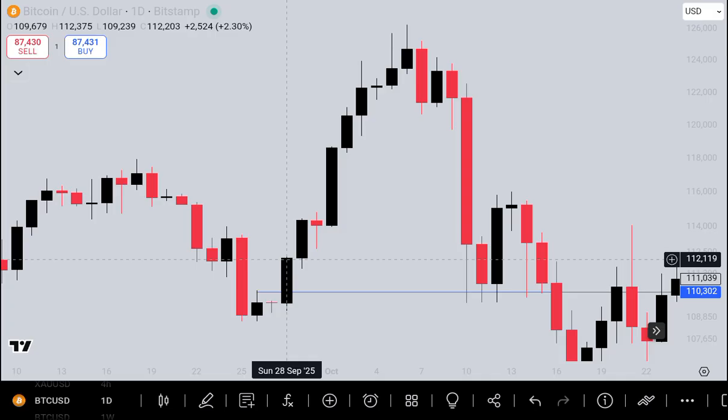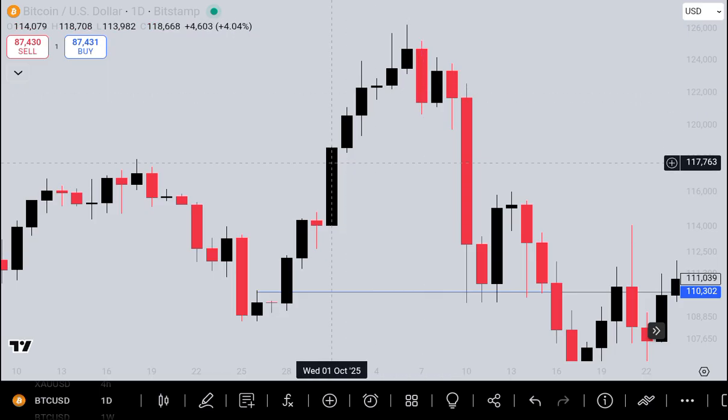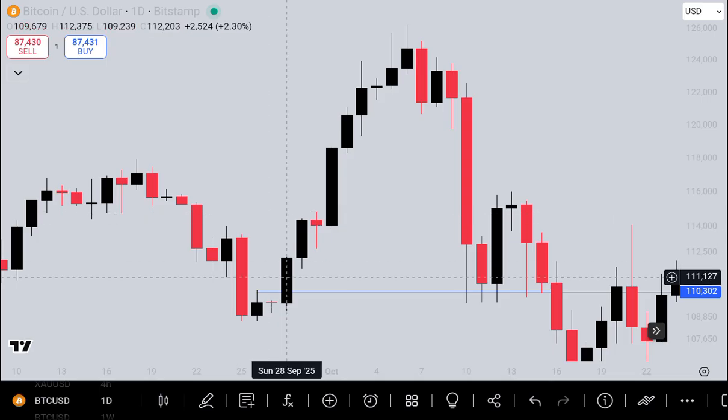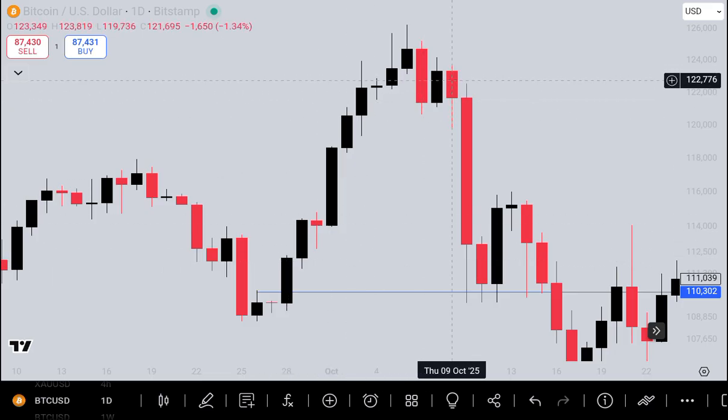It signifies that the buyers are strong in the market, which means there's a potential for a continuation upwards. Continuation directional bias. Once this price has closed above, there is a potential for a continuation upwards.